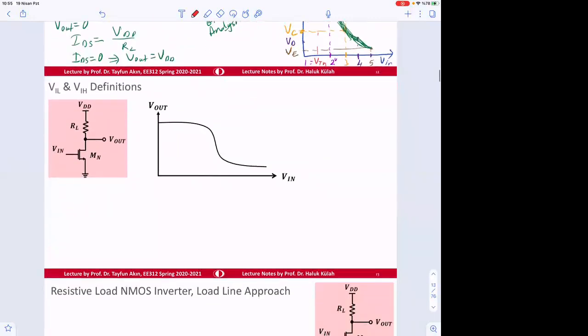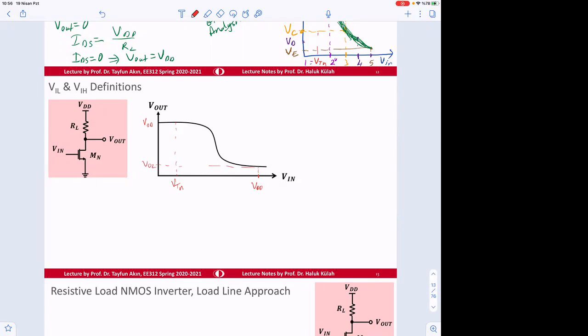The input high definition is not very clear in the drawing. We know that up to the threshold VTN, this is going to be VDD. And then for this value of VDD, this is going to be V output low. But what about input low and input high?